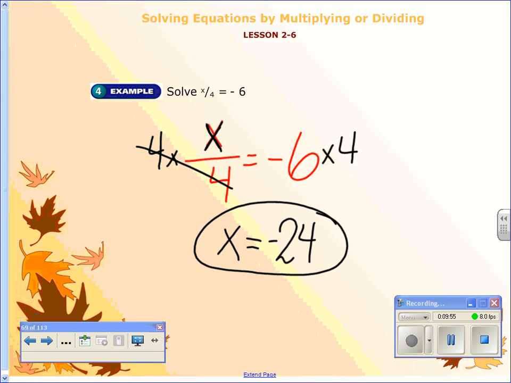I get x is negative 24, but I'm going to check my answer just to make sure I have it right. So negative 24 divided by 4. Well, 24 divided by 4 is 6. One's negative, one's positive, so my answer is negative. So I should get, yep, the original checks out. I get negative 6. And I really don't need to circle that because that's not my answer for this problem. My answer is negative 24.